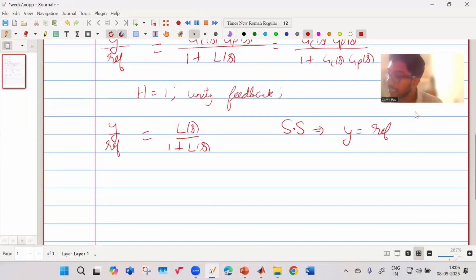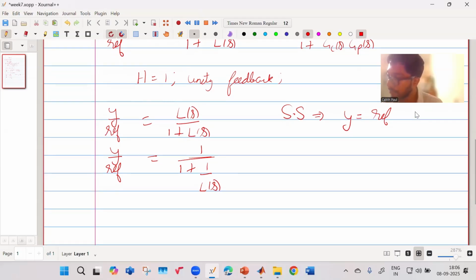So Y upon the reference is 1 upon 1 plus 1 upon L of S. In steady state, S is equal to 0, so the DC gain of your loop is L of 0.